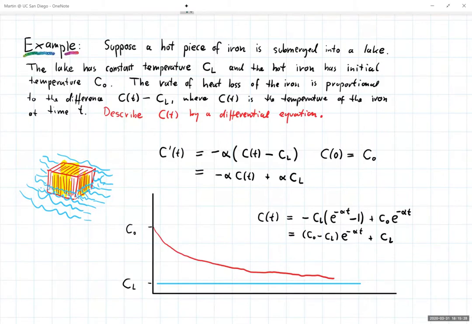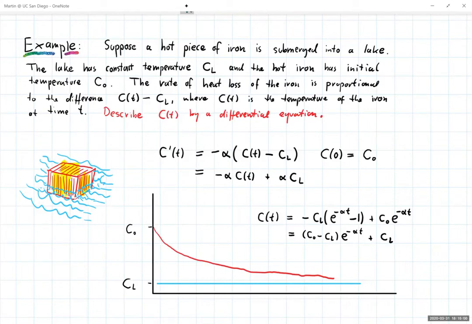And for this, we can just use the theory that has been developed in the previous video. And just applying the theory, what we get is C of t as an explicit formula, namely C of t is minus CL times exponential of minus alpha t minus 1 plus C naught times exponential of minus alpha t.